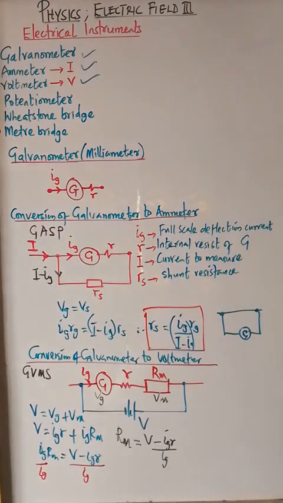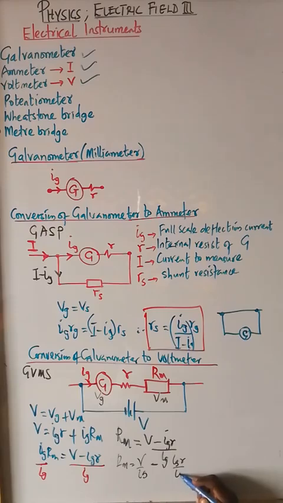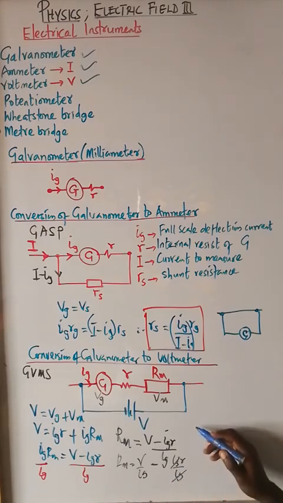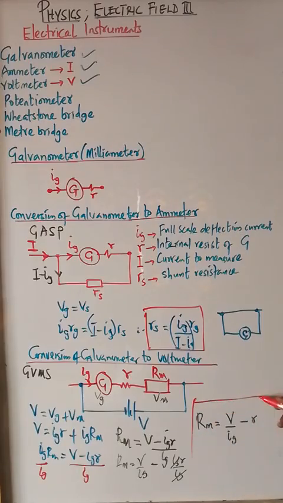Ig. So we can leave it this way, or we can split the denominator. If we split, we get Rm equal to V over Ig minus what? IgR over Ig. This cancels this. So therefore, the multiplier resistance equals V over Ig minus R. So the multiplier resistance equals the voltage we want to measure divided by the full scale deflection current, then we must remove from it what?